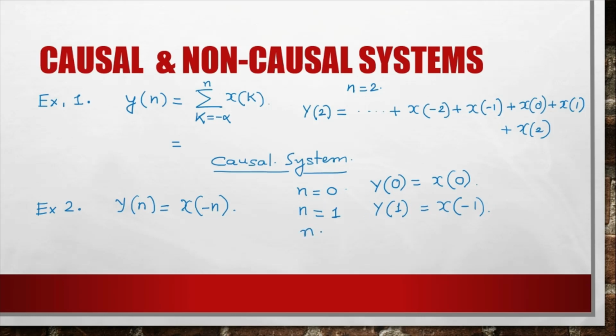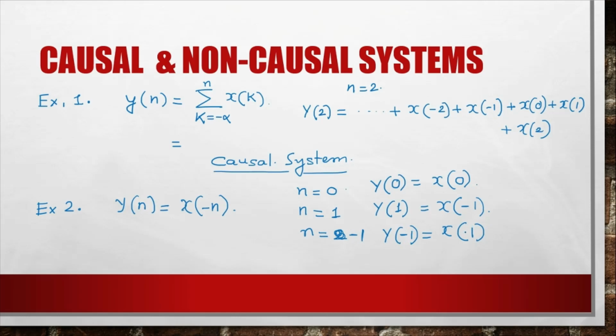Next, n equal to 2, n equal to minus 1. Now, if you take n minus 1, then you want the output at the minus 1 instant. What you are getting is that this instant depends upon x of 1. That is the future input.